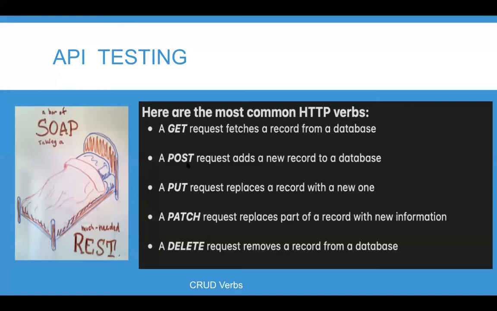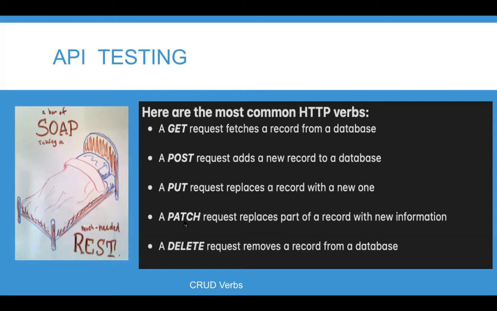A POST request does that, right? Adding something. So a PUT request would replace. For instance, let's say you want to update your password. What you are basically doing is putting something in. You are replacing your previous password with a new password.